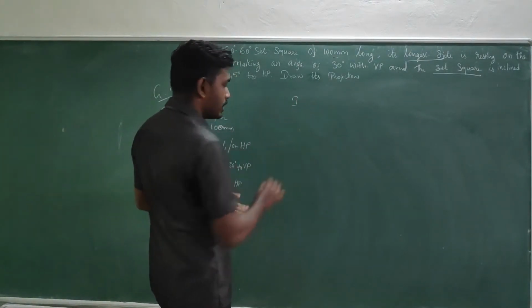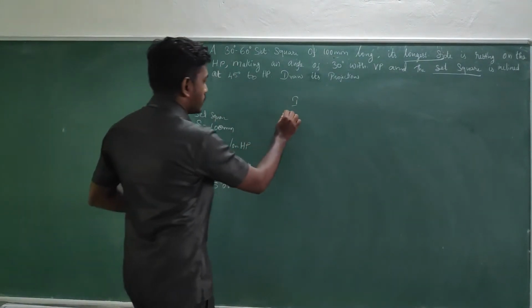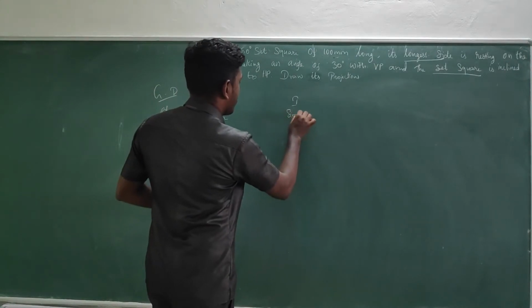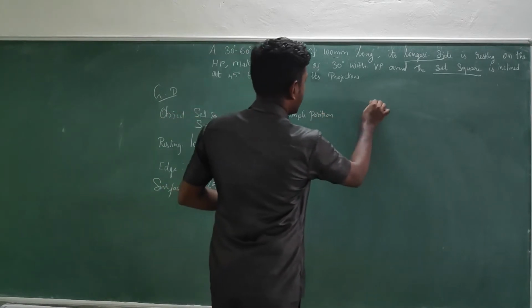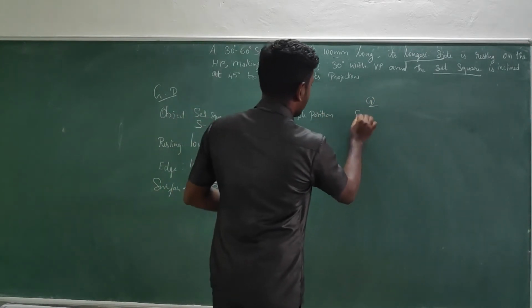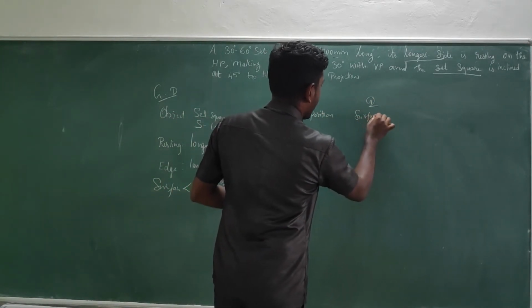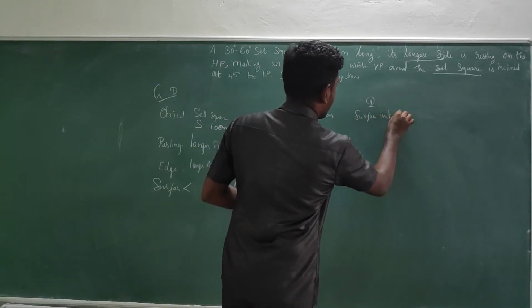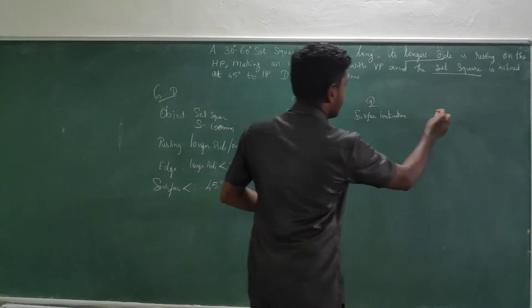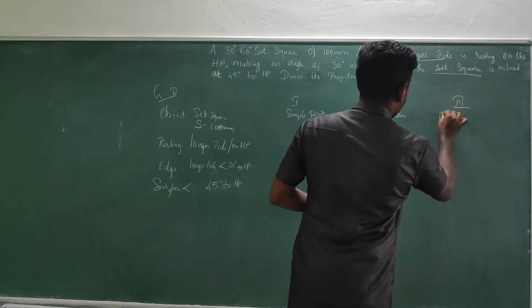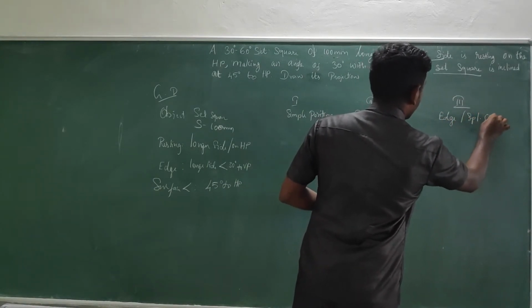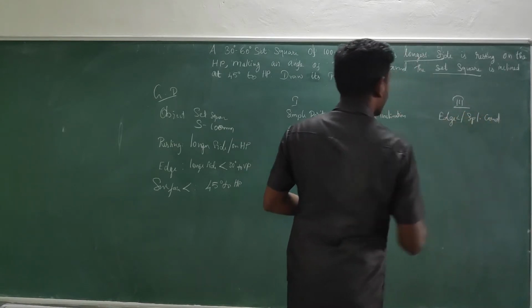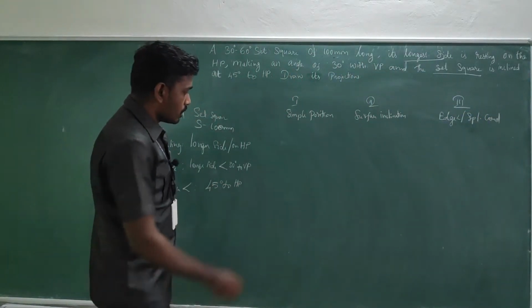We know we need to undergo 3 stages. Simple position. The second stage, it's a surface inclination, and the third stage, it's an edge or special condition, edge inclination, right?